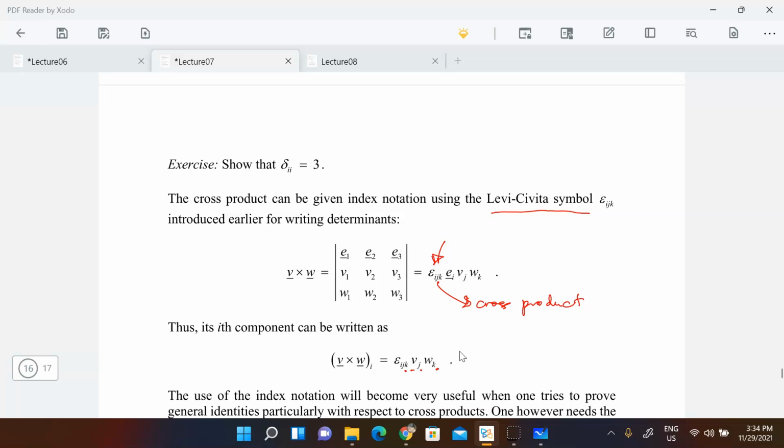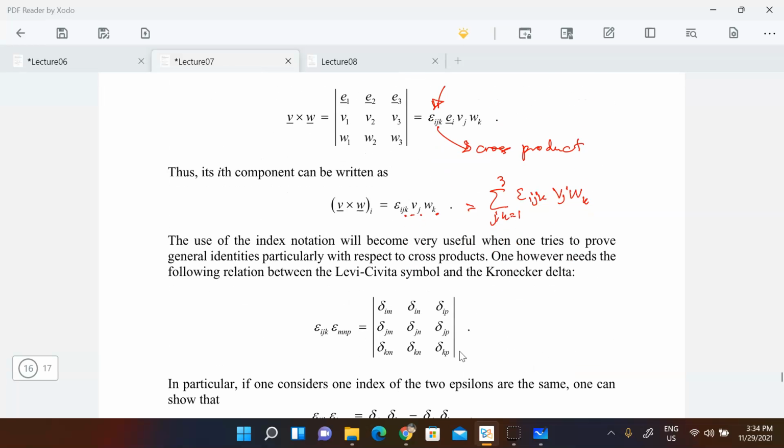So this really means J and K being summed from 1 to 3, epsilon ijk v_j w_k. So that is what it really means.